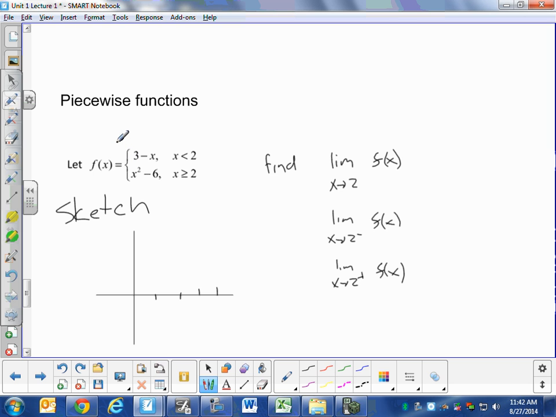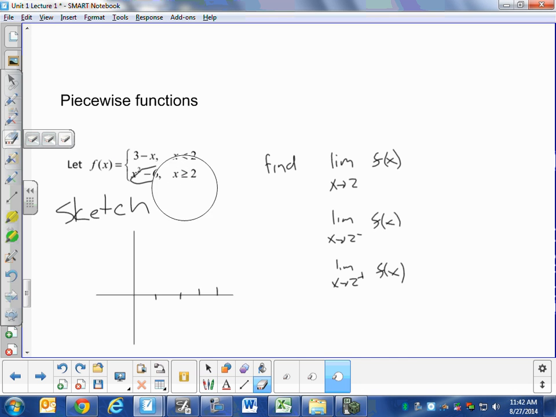So at 0, which piece defines my input of 0? Miss Bonky. Which piece defines my function when my input, my x, is 0? Top guy or the bottom guy? So the bottom is only used when x's are bigger than or equal to 2.